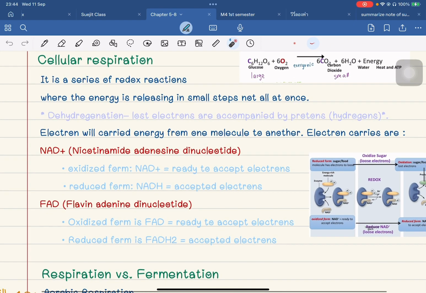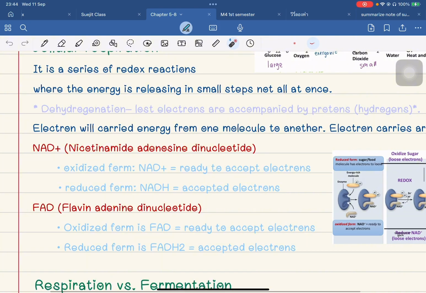The electrons carry the energy from one molecule to others. We have two electron carriers. One is NAD plus and the other is FAD.